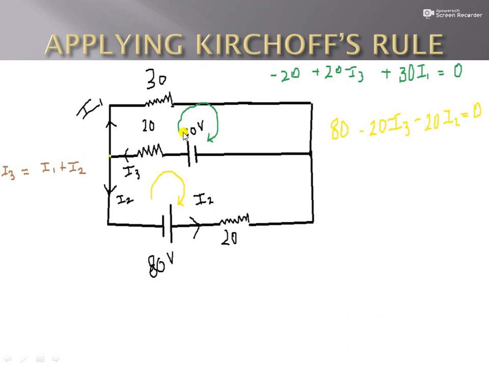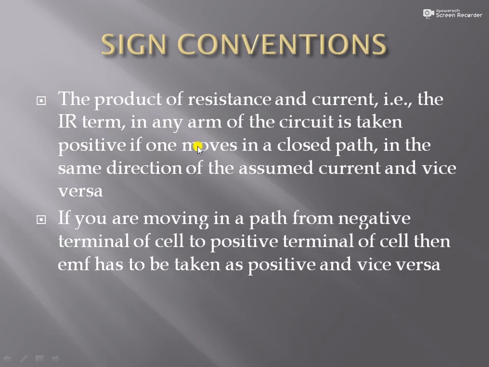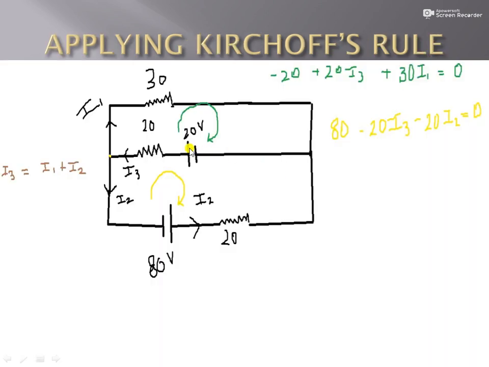So for this loop, I am taking the clockwise direction. As you can see, the direction of my loop is from the positive terminal to the negative terminal. Now if you see the convention, when you are moving from negative terminal to positive, then it is positive. In this case, I am going from positive to negative, so it has to be taken as negative. So I have written minus 20 over here, as you can see.